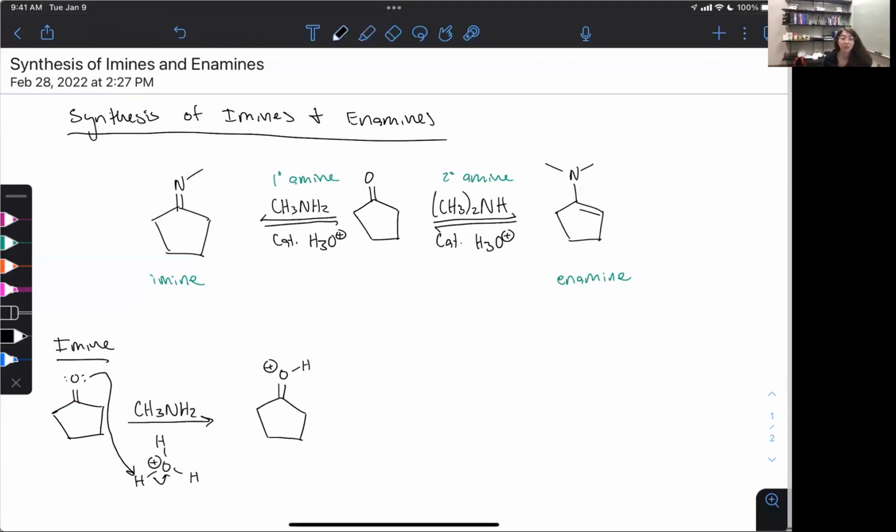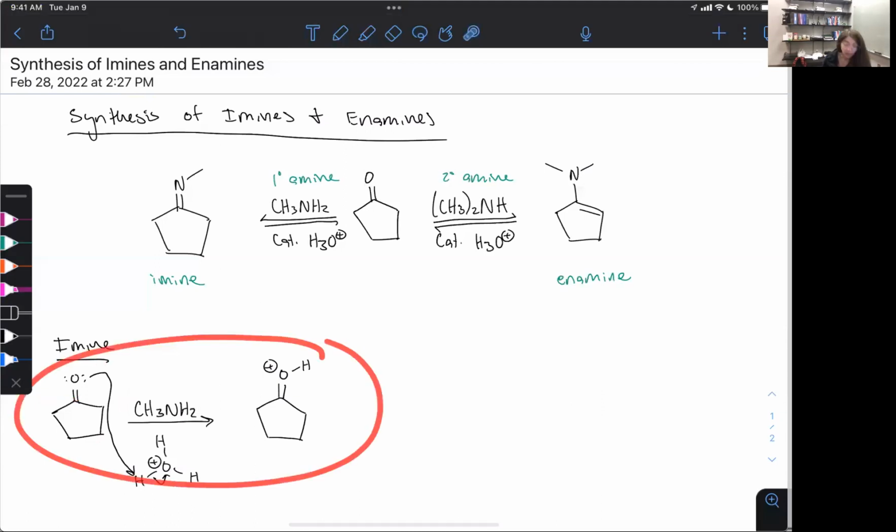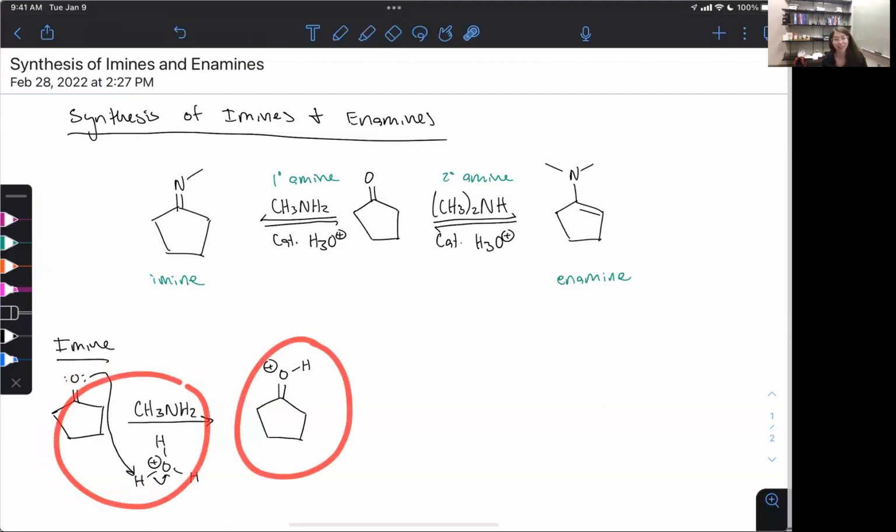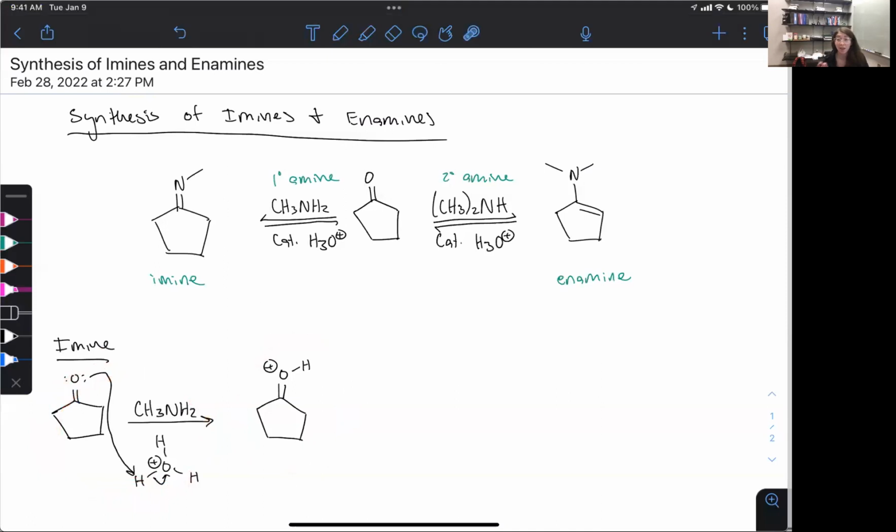So then we have this. At this point, the energy difference between starting materials and products, I said those backwards, but you know what I meant, is not that different. There aren't wildly huge differences.